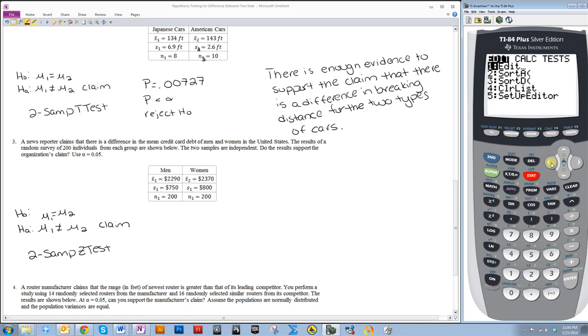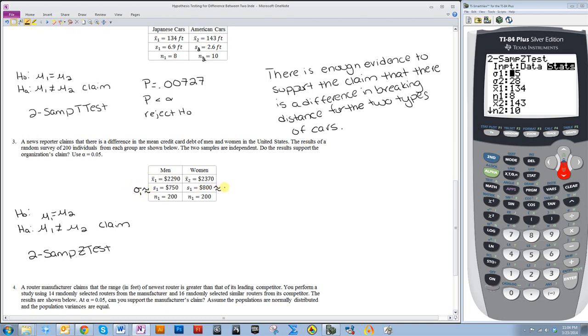Alright, so stat test number 3. We don't know sigma, but we can approximate sigma 1 with S1, and we can approximate sigma 2 with S2.